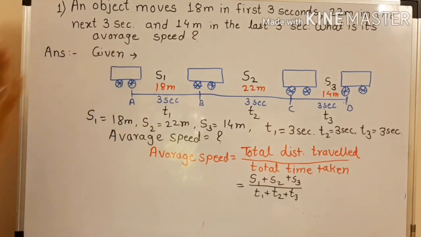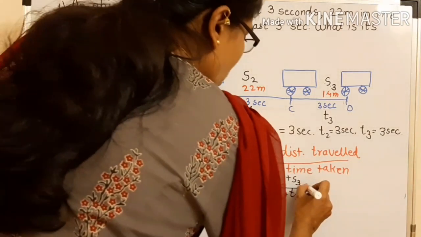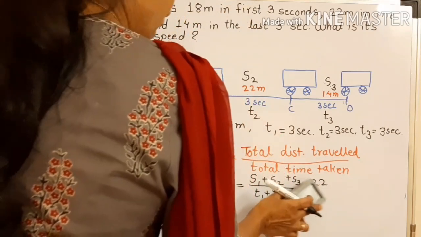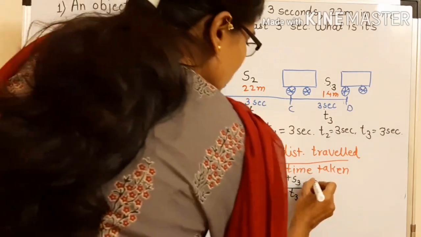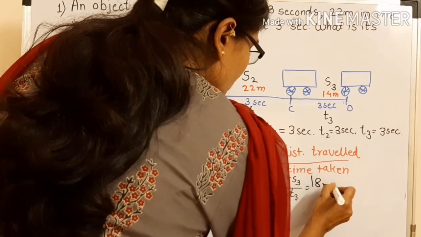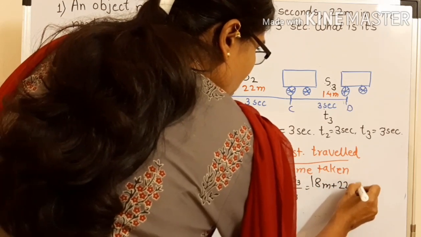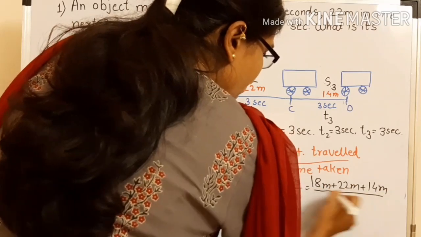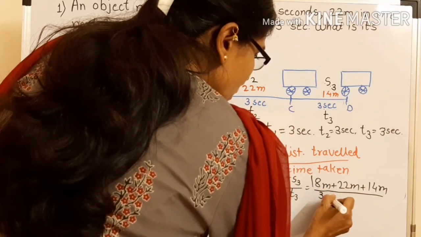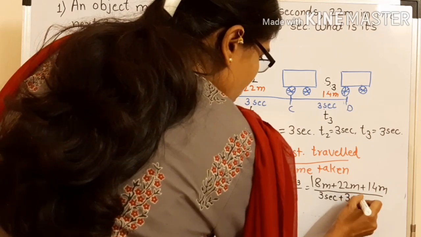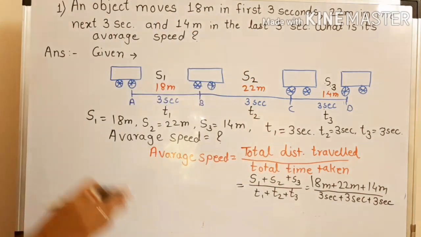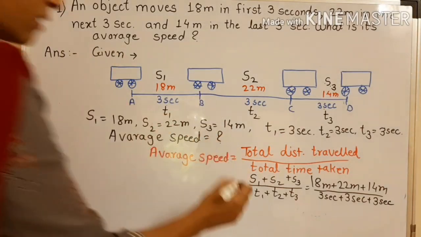After that, substitute the values. First 18 meters plus 22 meters plus 14 meters, divided by 3 seconds and again 3 seconds and 3 seconds, because T1, T2, T3 are the same.